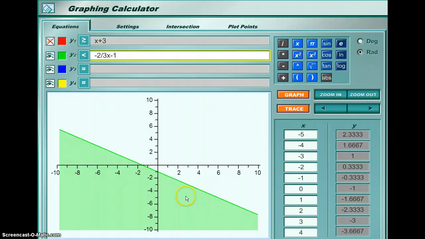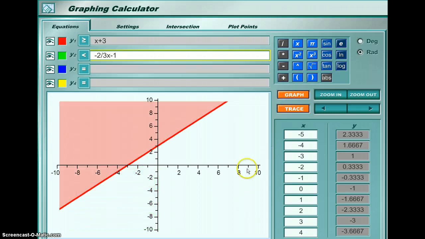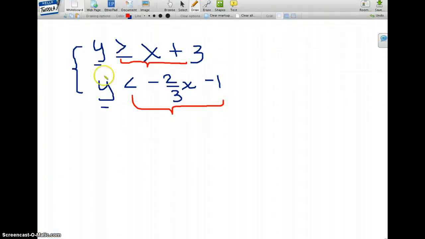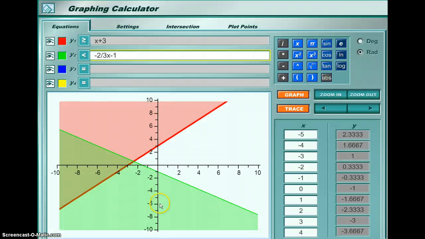However, when you're working with a system of linear inequalities, you want the graph of each linear inequality. So let me show you both again. The solution of this system will be located where the shading of the two inequalities overlaps, where you shade it double.